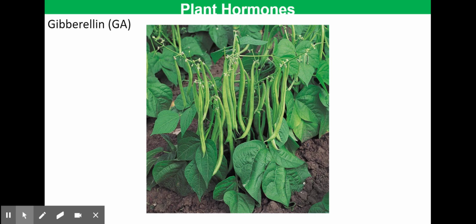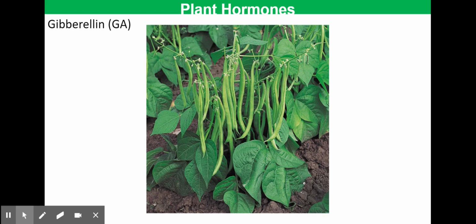Now, the second hormone we're going to be looking at today is a hormone called gibberellin, or GA for short. Gibberellin is responsible for causing rapid growth of stems. Now, a simple experiment that can be done to just show this is by using dwarf beans. Now, dwarf beans are dwarf because they lack the gene for producing gibberellin.